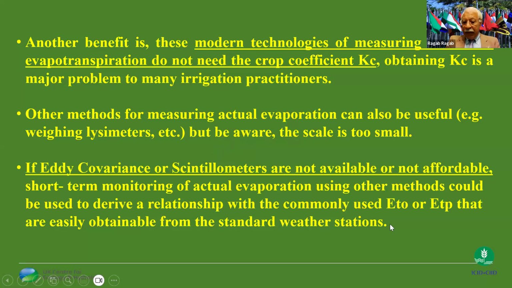You can simply calculate your ETo or ETp, but in addition, do a short-term experiment and try to find a relationship between what you really measured in that short-term experiment and what you obtain from the calculations of your equations based on weather data, and try to find out a correction or a relationship.